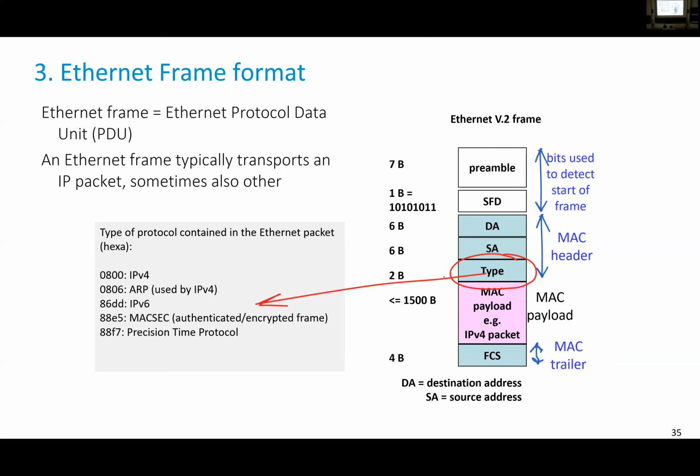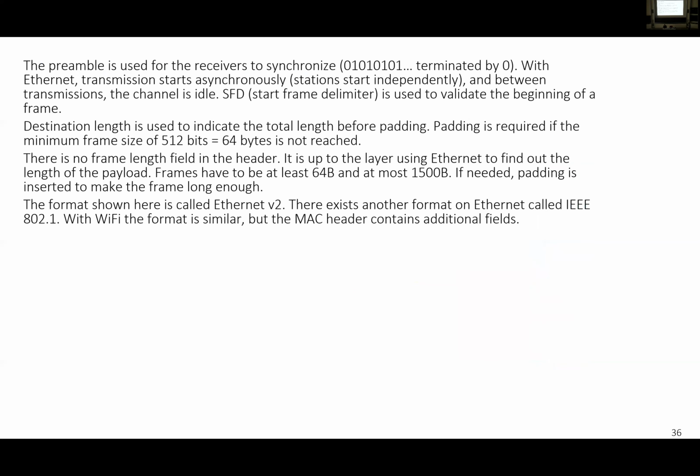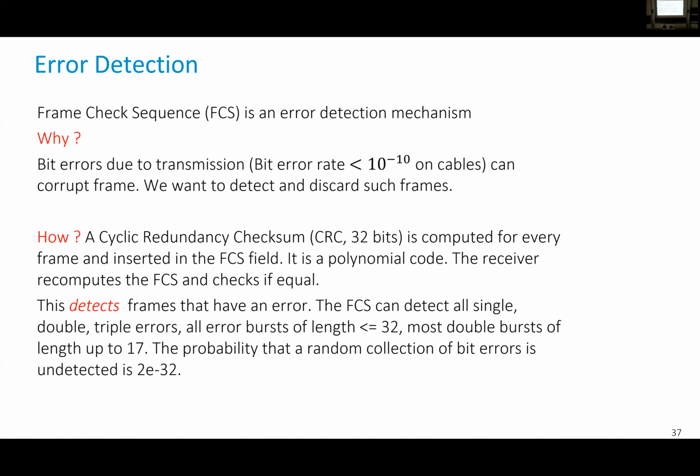But this is why Ethernet is cheap and completely widespread, because making asynchronous systems is very simple. Making synchronous systems requires extremely sophisticated network systems. At the end of the packet, we'll see there's also an error detection, a frame check sequence. The frame check sequence is a more sophisticated code than the checksum we've seen in the UDP and TCP headers, and also in the IP header.